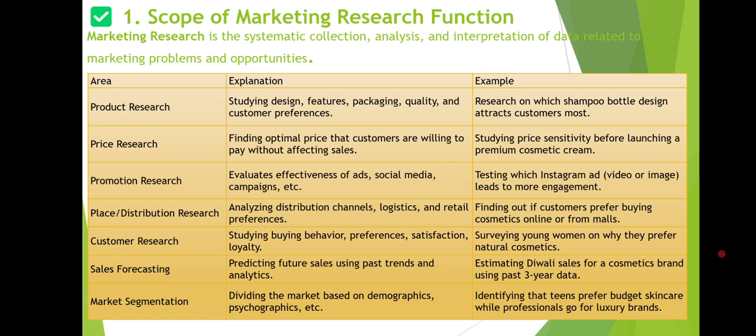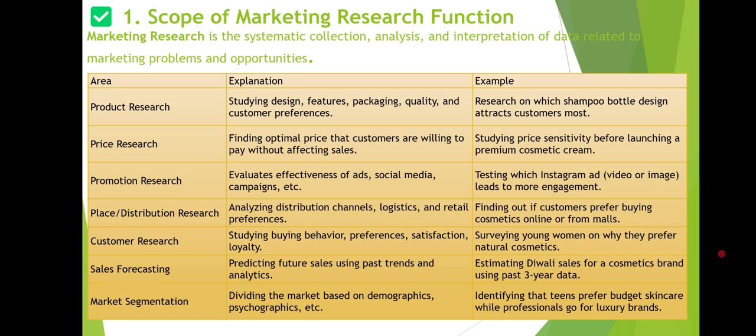We can also do research to promote the product, where we evaluate the effectiveness of ads, social media and campaigns, etc. For example, testing which Instagram ad, video or image, leads to more engagement. Other area we have place and distribution research. We can also do research in this area, where we analyze distribution channels, logistics and retail preferences. For example, finding out if customers prefer buying cosmetics online or from malls.